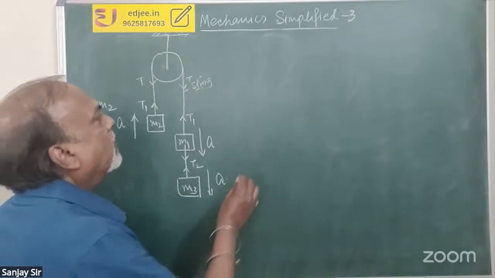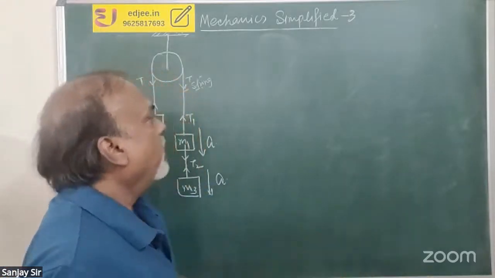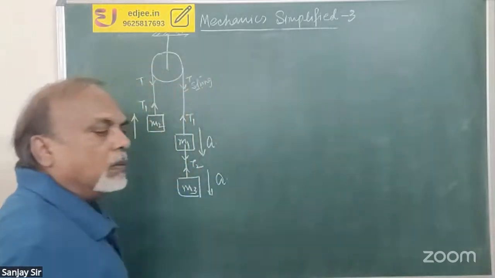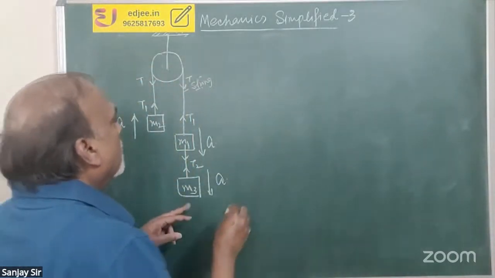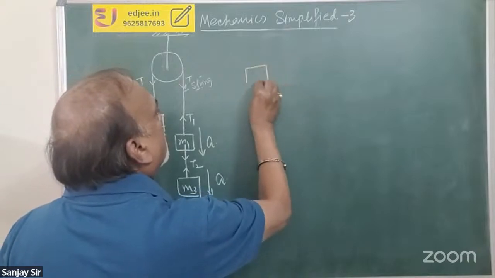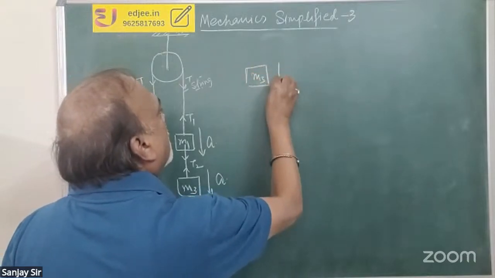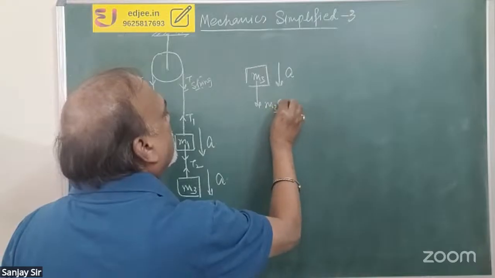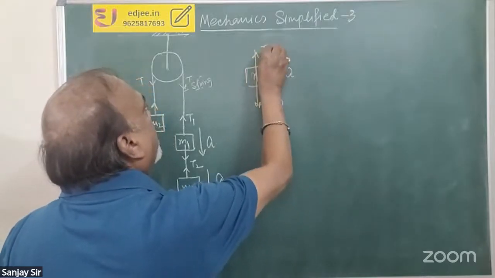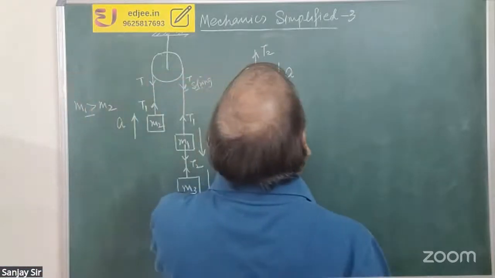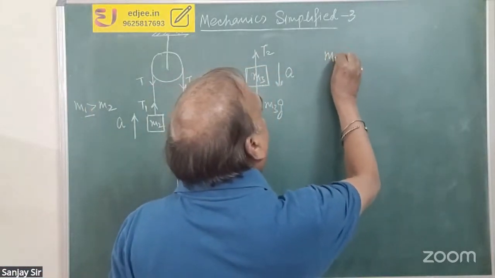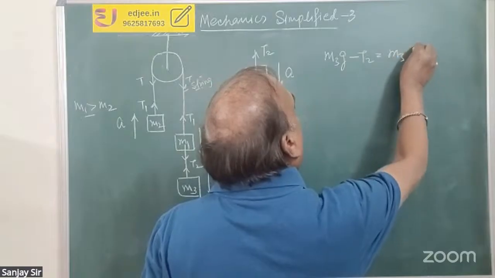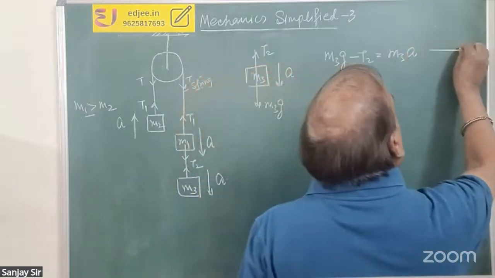Then again, as I told you, let us make the free body diagram. Suppose this is M3. It is going downward. This is M3G and this is your T2. So one equation we will have: M3G minus T2 is nothing but M3A. This is one equation.